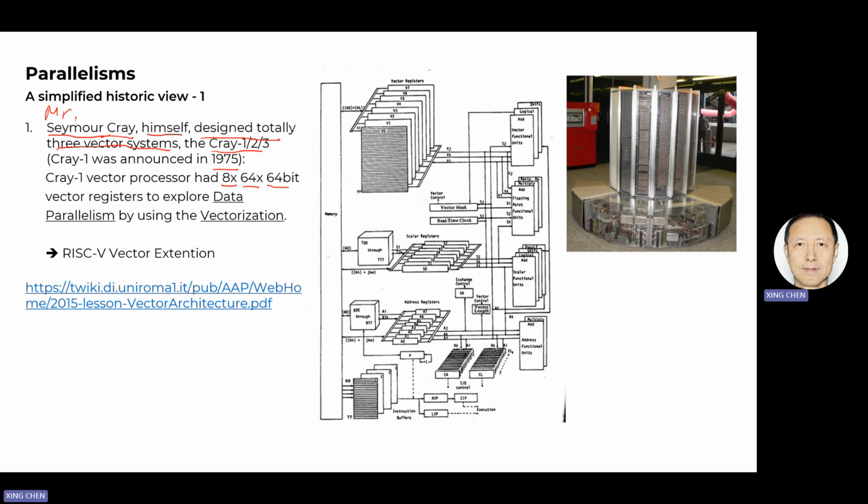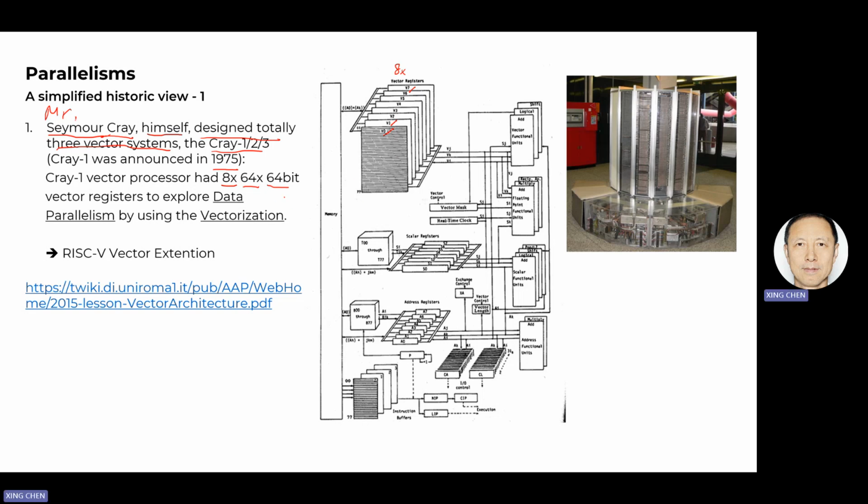And here in the middle is the microarchitecture of the Cray vector processor. You have vector register 0, 1 up to V7, so you have 8 vector registers.